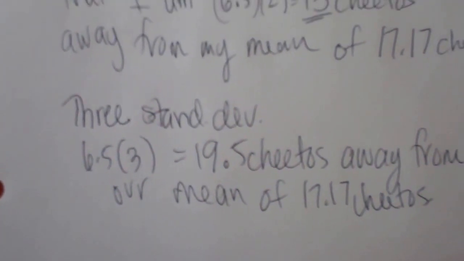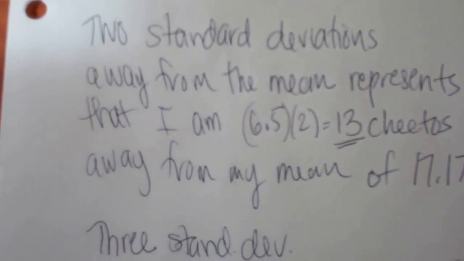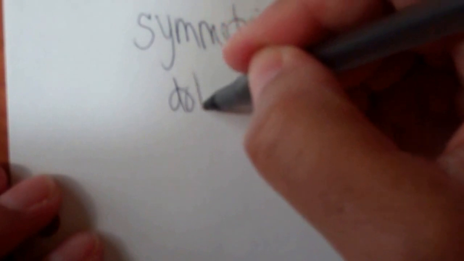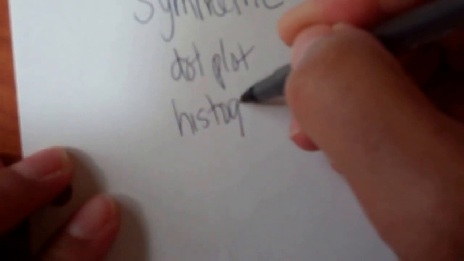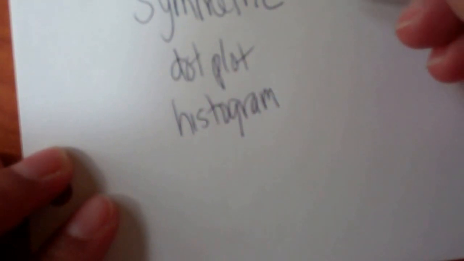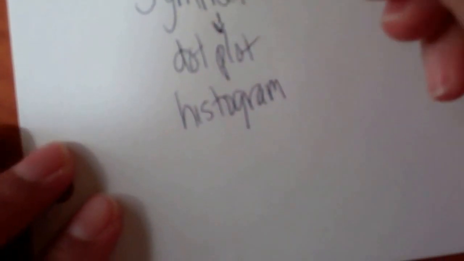We're actually going to be exploring standard deviations a little bit more. However, when you see standard deviations, you say, well, what center do we use? What we're looking for is a symmetric graph. You're probably going to see a dot plot or a histogram. Those are the types of graphs you would definitely look at.